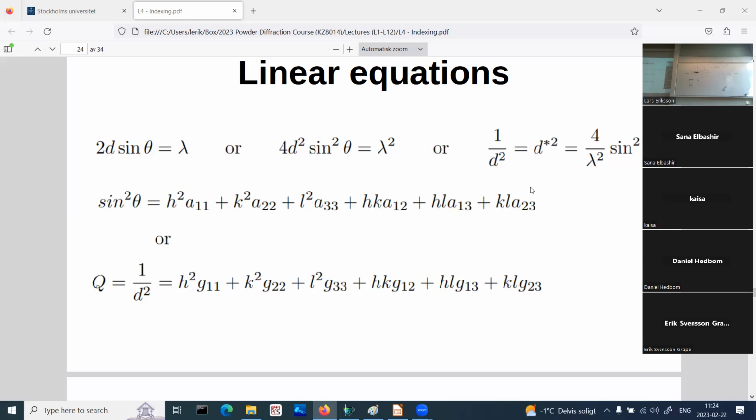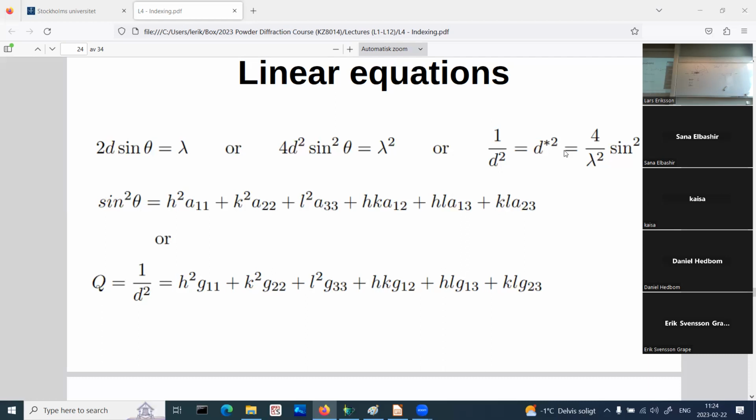Using this Q, you can see that sine squared theta and D star square are proportional to each other. So you can construct either Q equals some expression of parameters, or sine squared theta with a similar expression, but maybe we shouldn't use the same symbols.